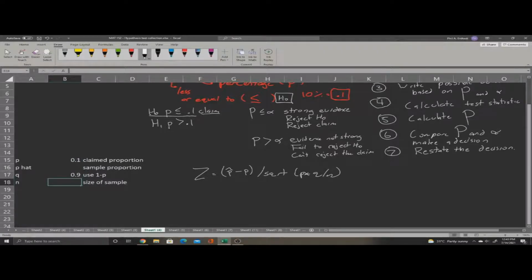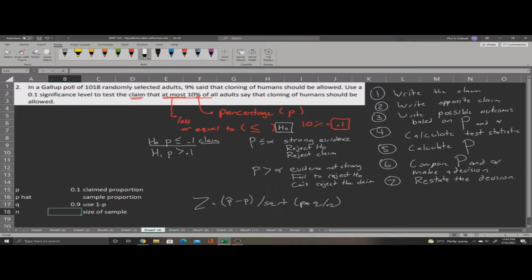Now we'll have to go back to the question to get the p hat and the n. Now the sample proportion, p hat, was given to us in the first line. We were told that 9% agreed that the cloning of humans should be allowed. We'll place that in the p hat position. We'll say 0.09. Now the n will be the size of the sample. This is also given to us in line 1 because we have 1,018 randomly selected adults. We'll enter that for the size of the sample.